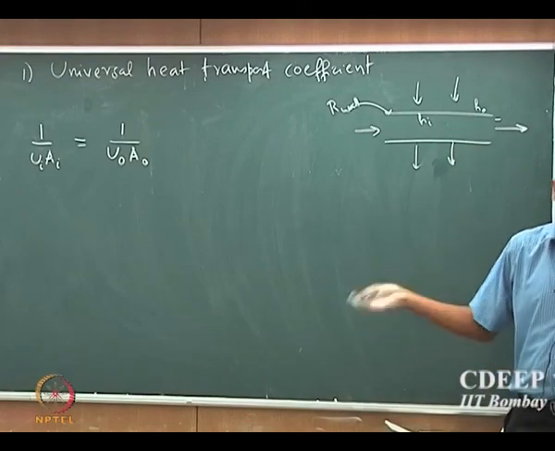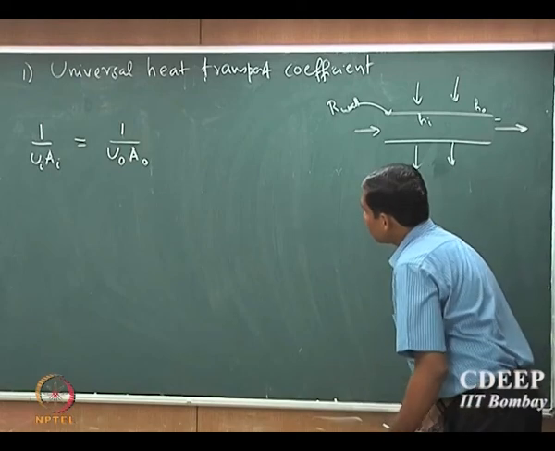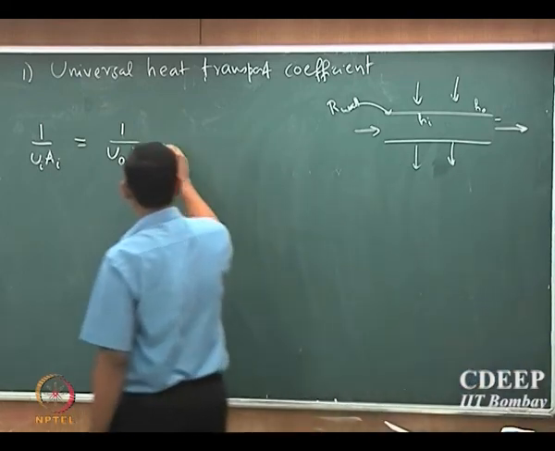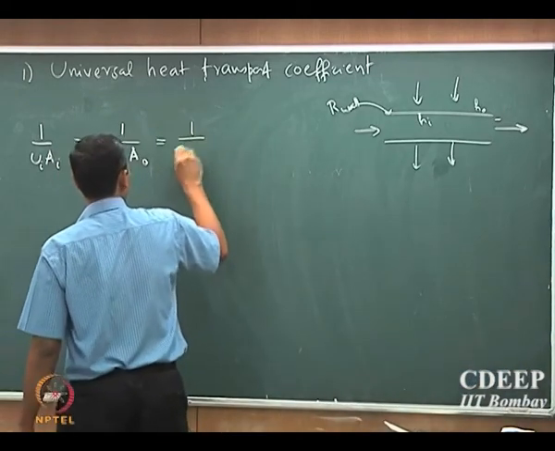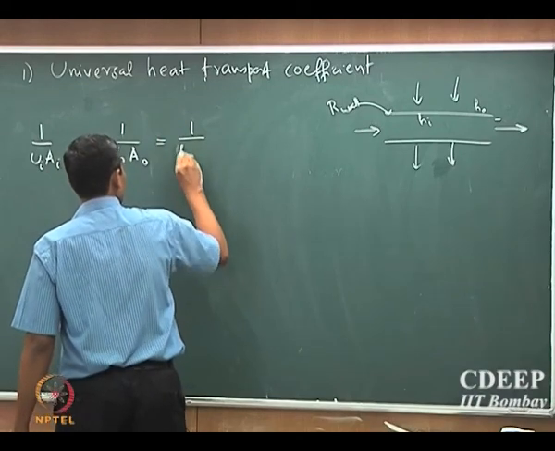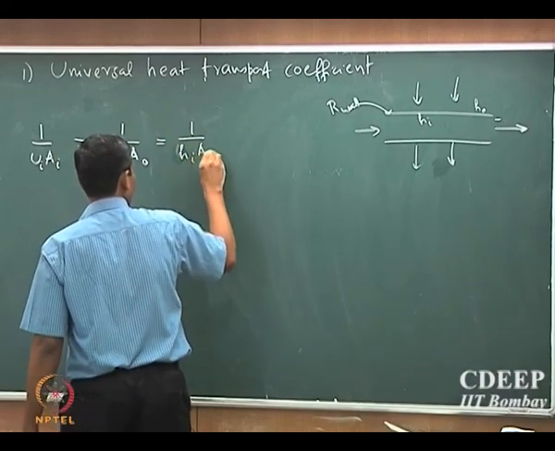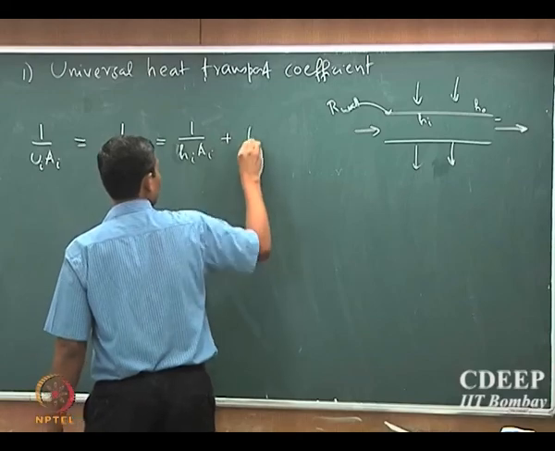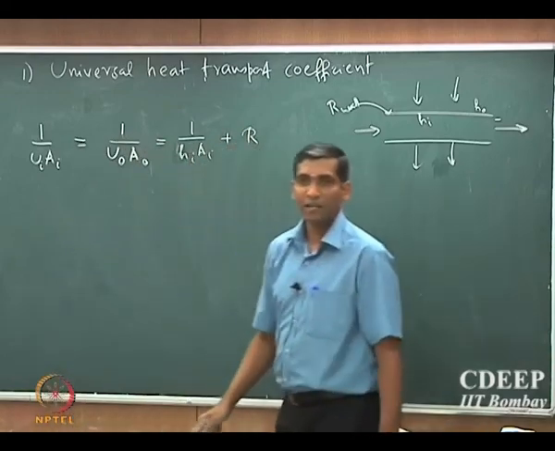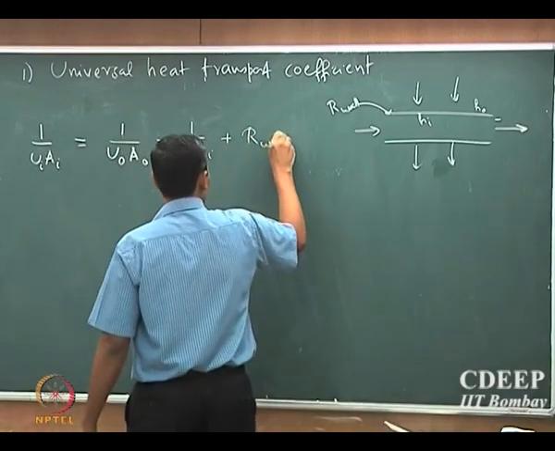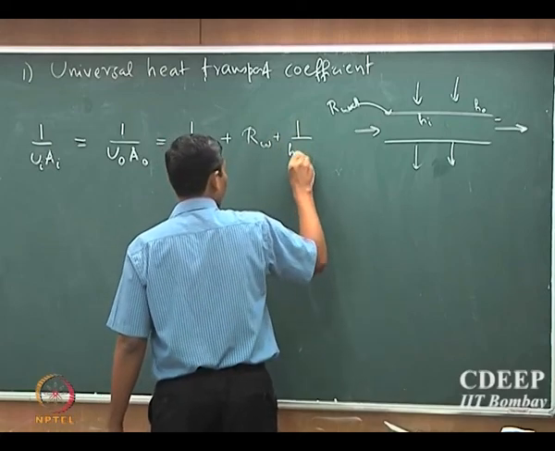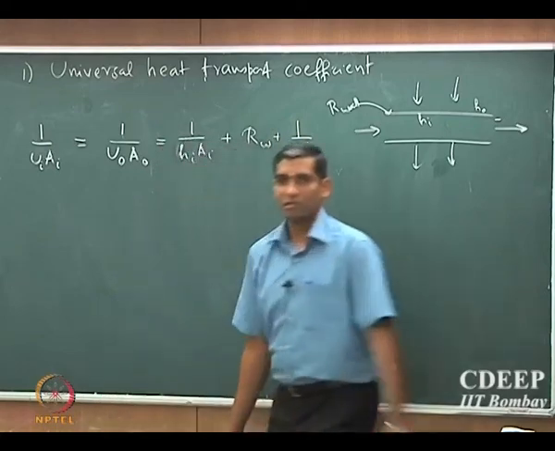We have already seen this. So, that should be equal to 1 by Hi Ai plus the resistance offered by the wall plus 1 by Ho times Ao.